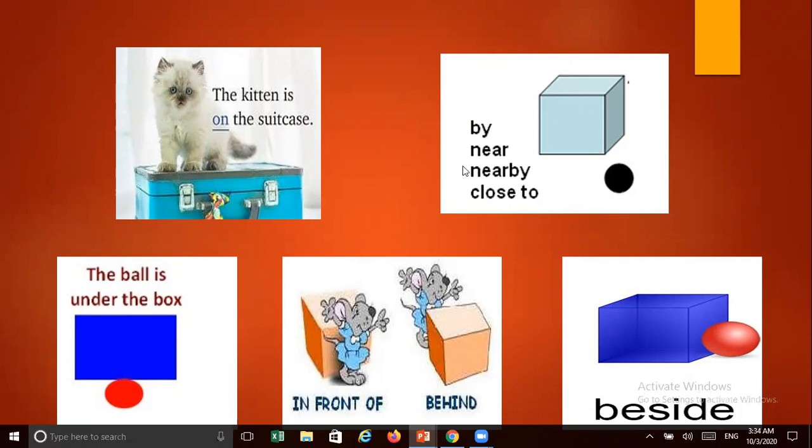Here you can see this ball is near to this block. Near, not far, near. After this one, you can see this ball is beside the block.